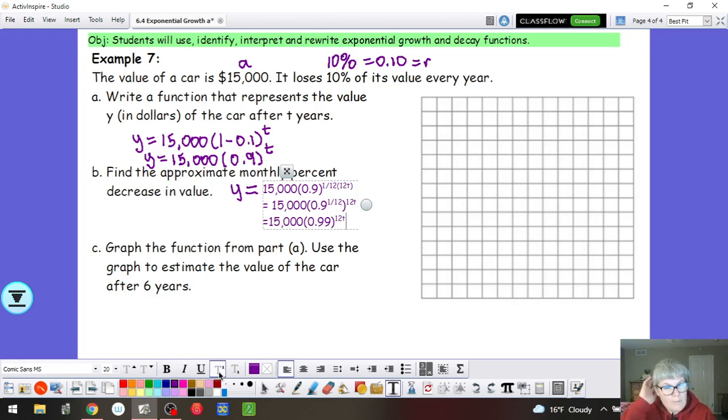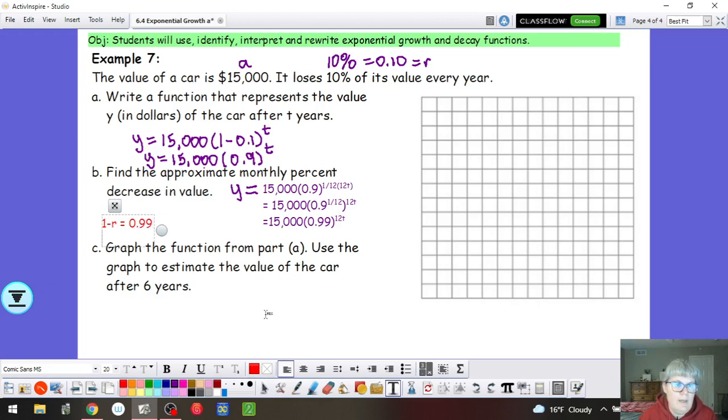So for 1 month, if we want to find what that decay rate is, we're going to do 1 minus r is going to equal 0.99.